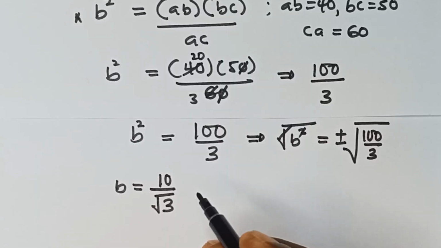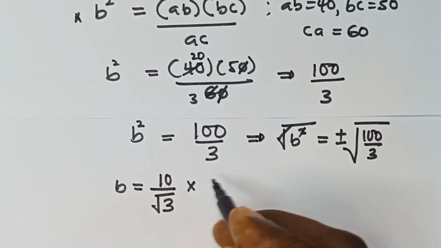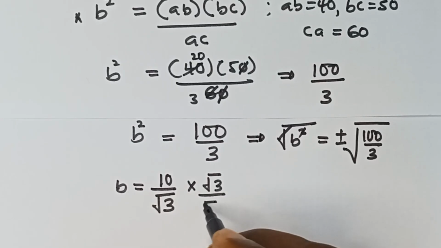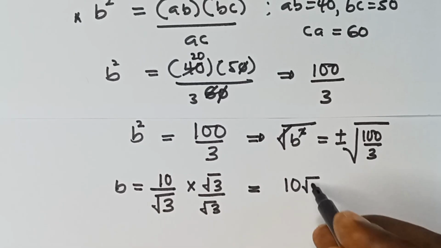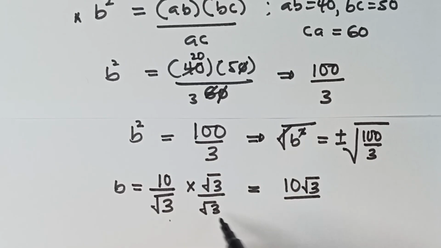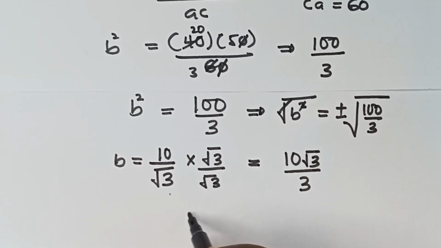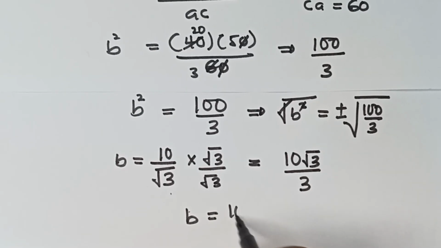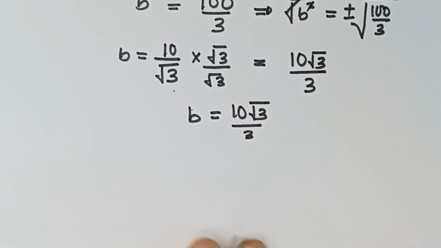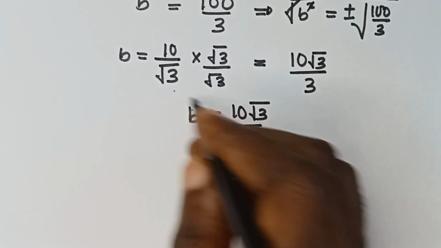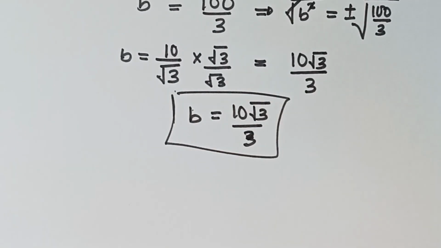What do we do? Rationalize it: multiply by root 3 on top and bottom. So we have 10 root 3, and root 3 times root 3 gives us 3. That means our B equals 10 root 3 over 3. Okay, so this is our B.